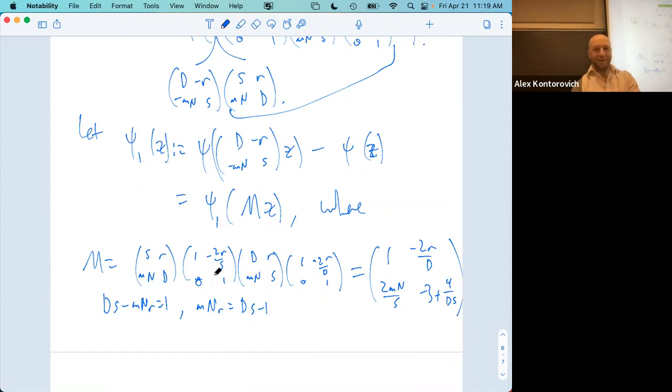This has determinant one, this has determinant one, it's very hard to see. Determinant of M is equal to 1. So M is in SL2R.